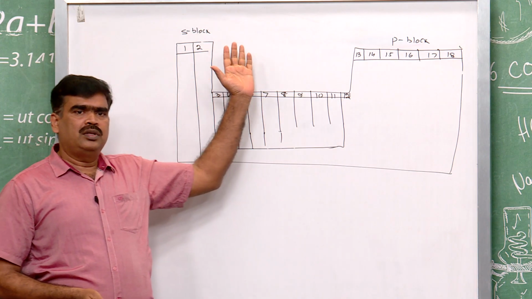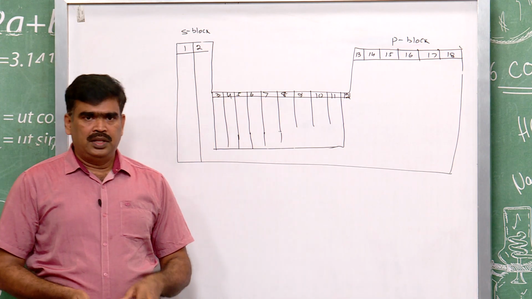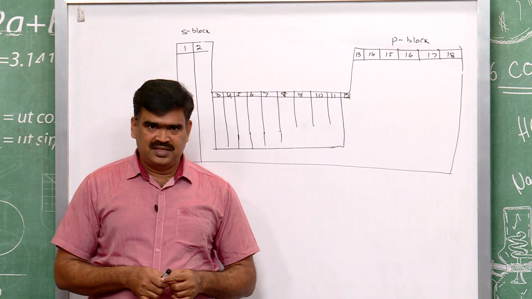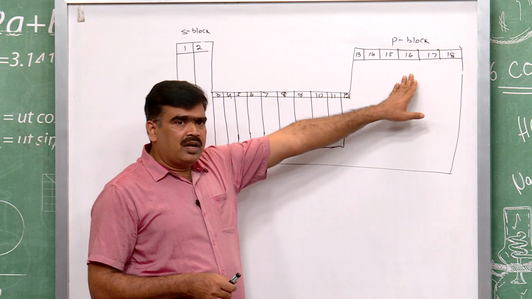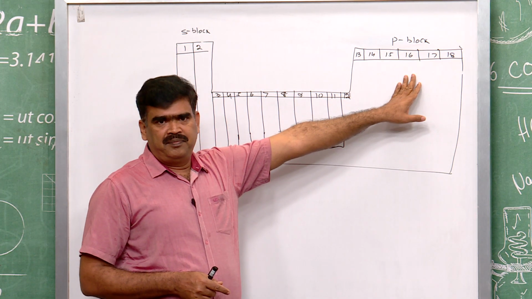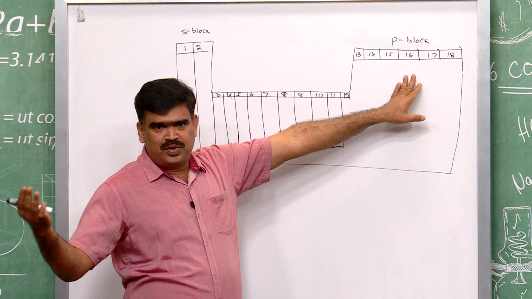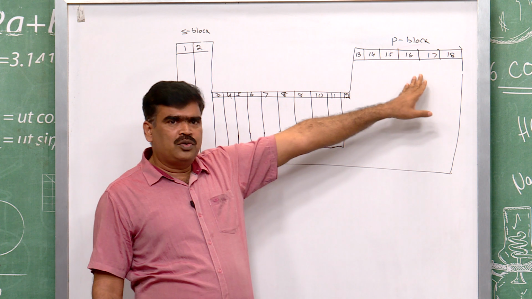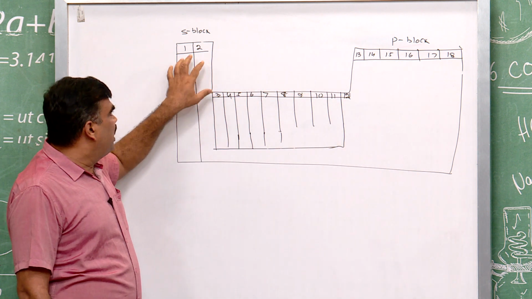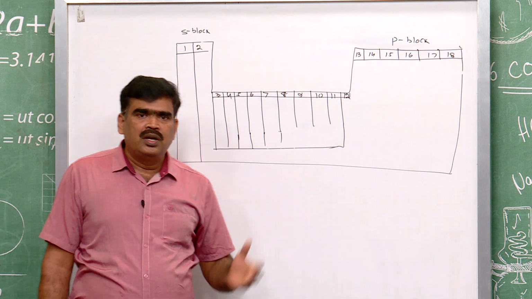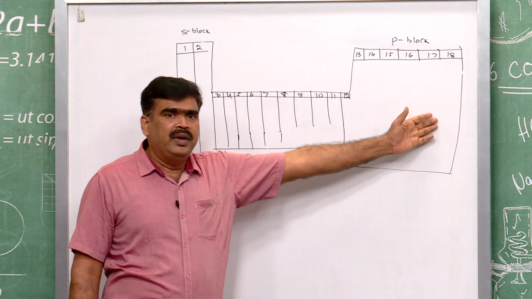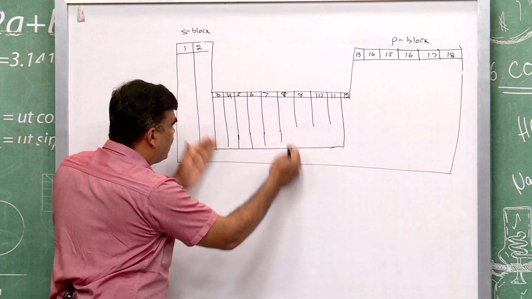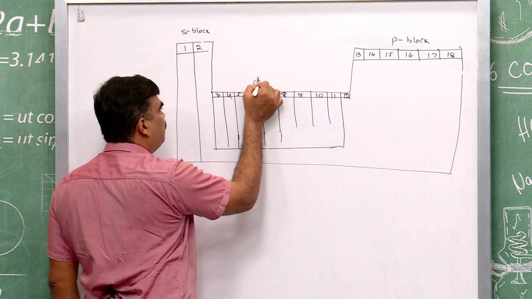S block elements are highly electropositive; they love to donate electrons and become positively charged. The P block elements are electronegative, meaning they love to take electrons because of their electron affinity and electronegativity character. S block elements love to donate electrons, P block elements love to take electrons. In between these 2 extreme groups comes the transition or D block.